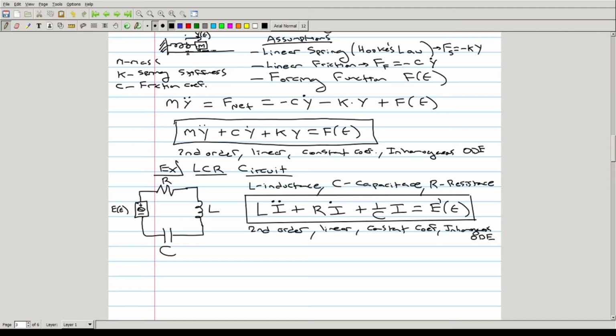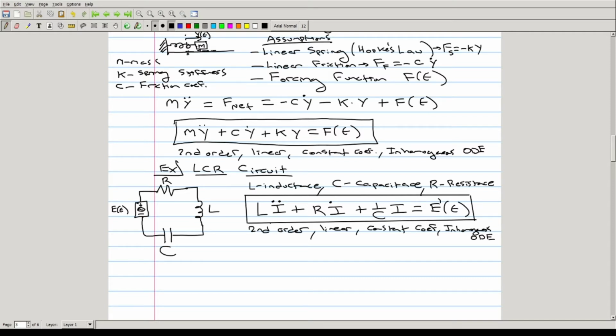Where you can think of the inductance of the inductor in the circuit as the mass, the resistance of the resistor in the circuit as the friction coefficient for the linear air resistance, or the linear friction on the mass, and then 1 over C you can think of as essentially the same thing as the stiffness k in the spring equation. And F of t is just the derivative of E of t.